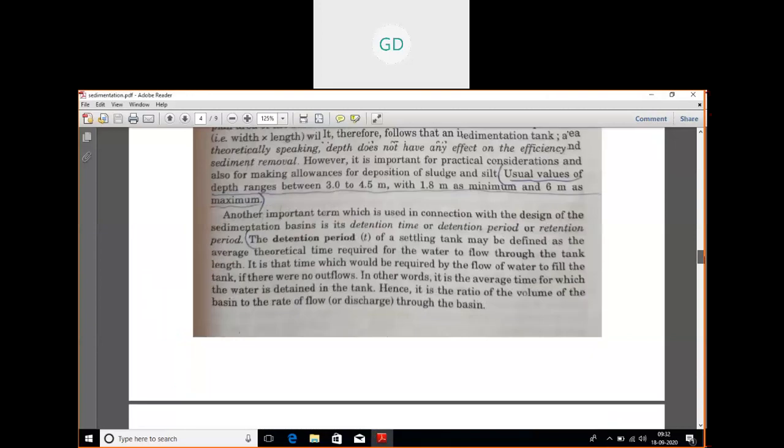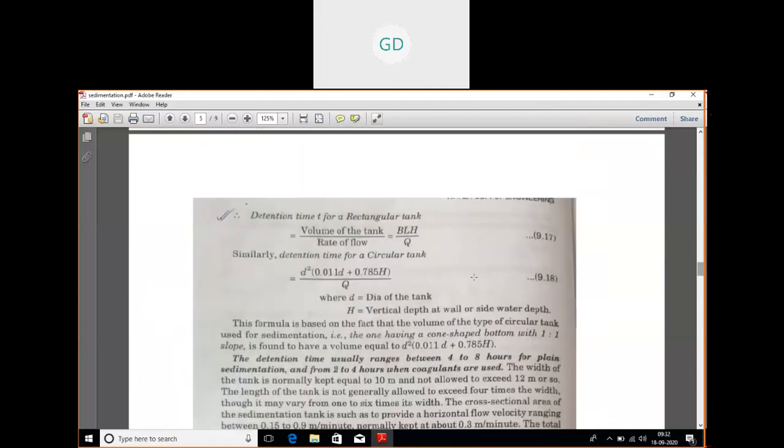Next, you write down this formula. This is the formula for detention time, as we already learned about the detention period. This is the formula for a rectangular tank. I have shown you the image of a rectangular tank and that of a circular tank also. Write the formula up to here.